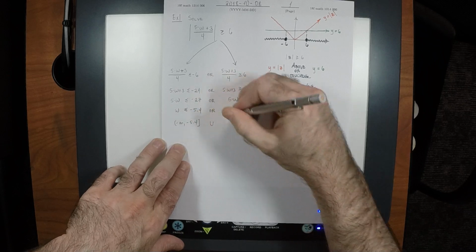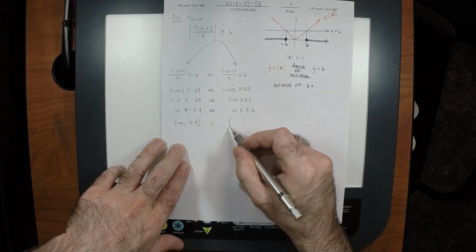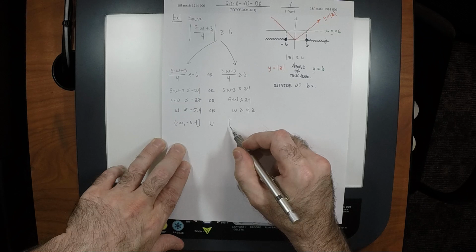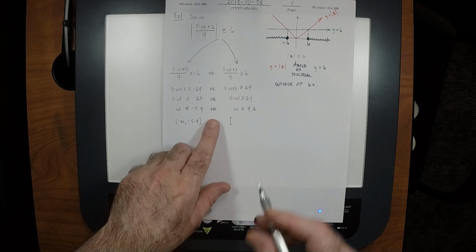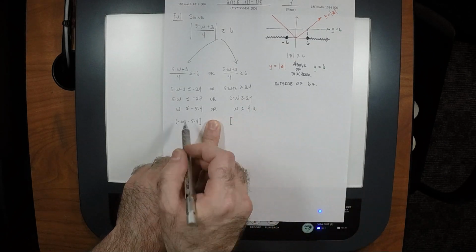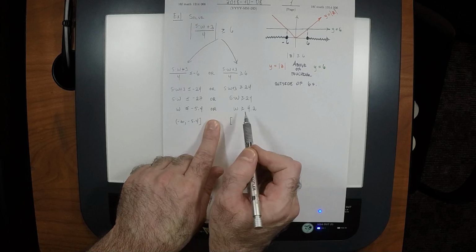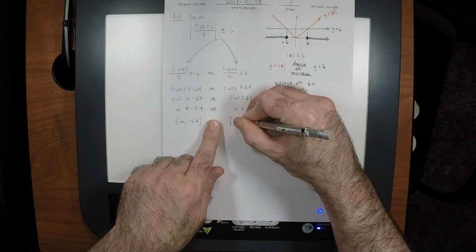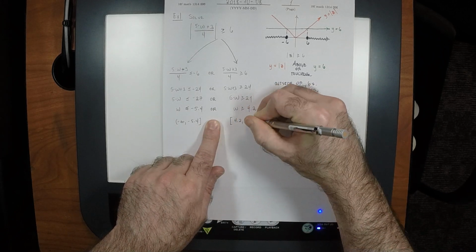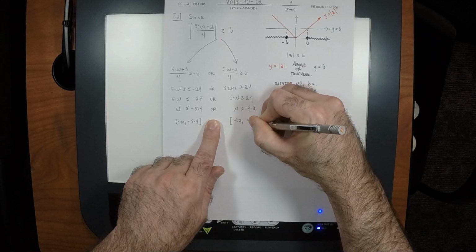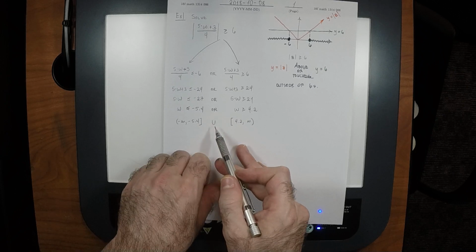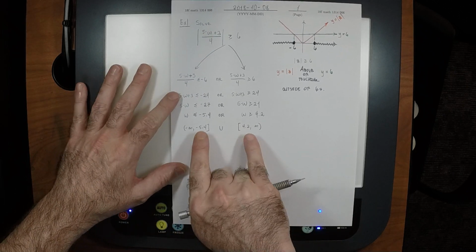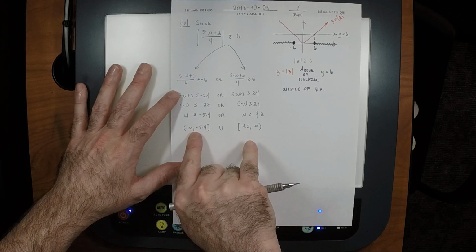Okay, so this one by itself is that, and this one by itself is this. And then the or, when you're writing it in interval notation, becomes union. So now it's going to be that one or that one.